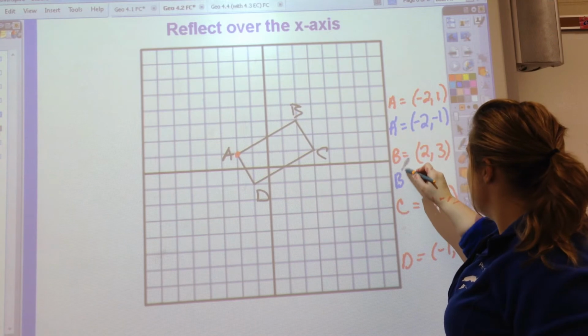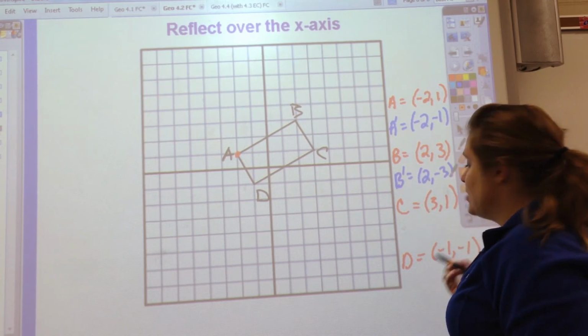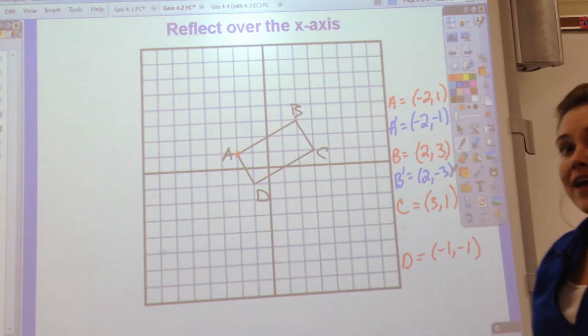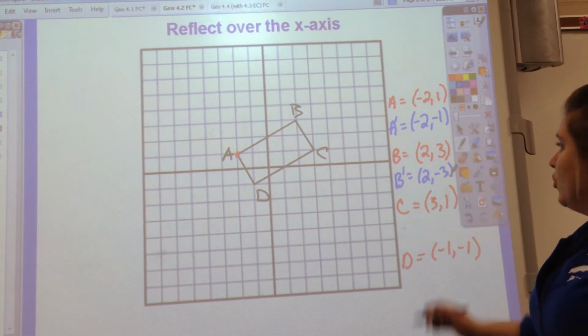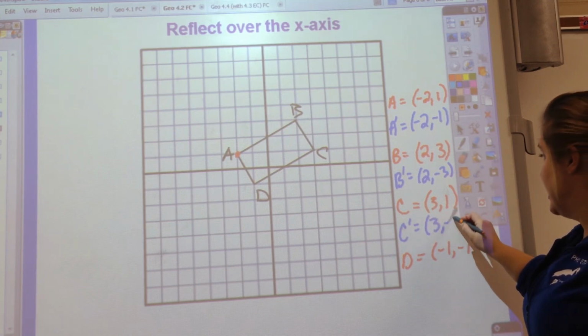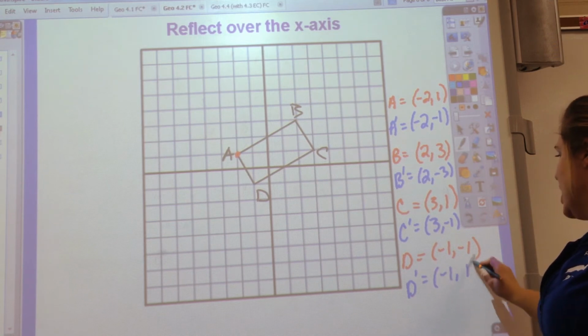For B prime, x will stay the same, sign on y will change. So when we're using an x-y axis, we don't actually have to measure each point with our protractor. C prime will have 3, -1, and D prime will now be -1, +1.